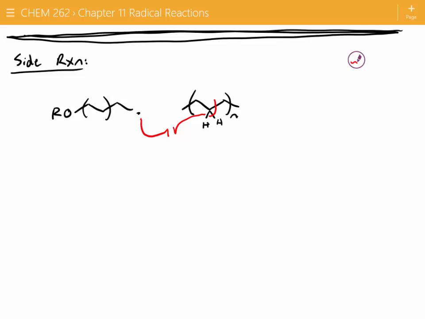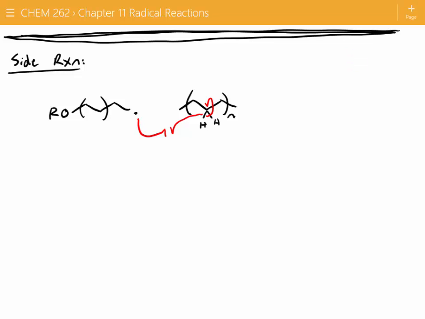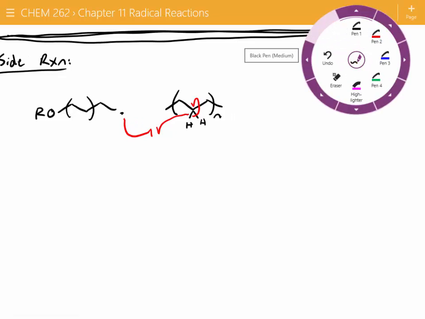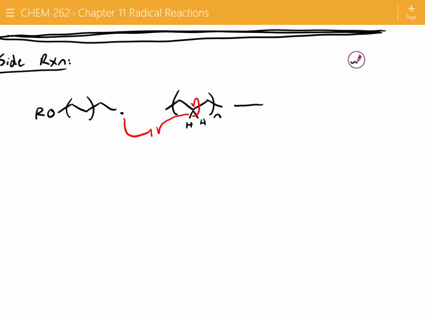And then the other electron will get dumped down onto that carbon. And when we do that, we start branching a polymer. So now we still have our normal chain, along with our new terminated polymer.